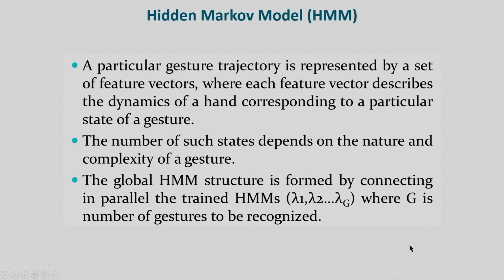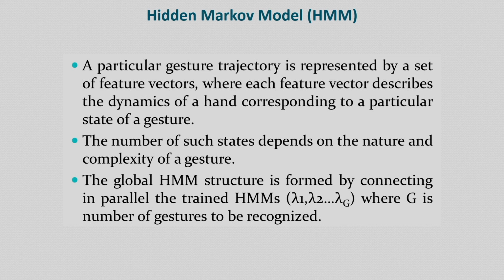Now let us consider the concept of the hidden Markov model. So briefly I will explain this concept. A particular gesture trajectory is represented by a set of feature vectors where each feature vector describes the dynamics of the hand corresponding to a particular state of the gesture.